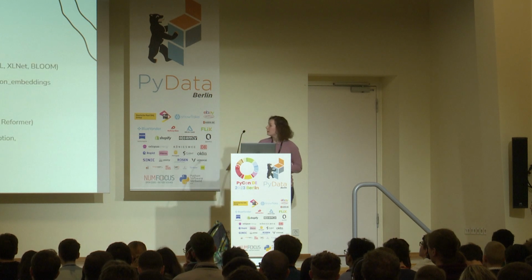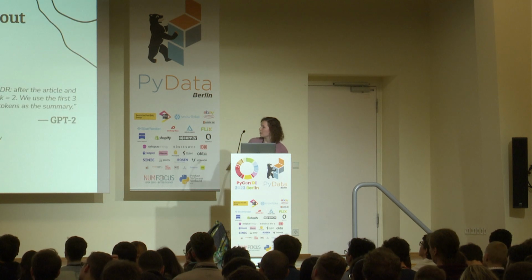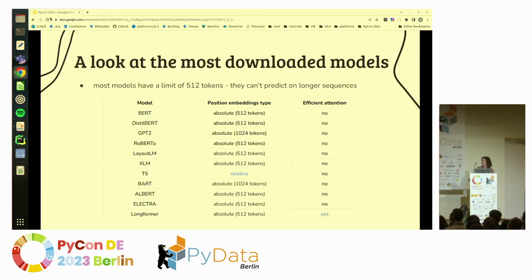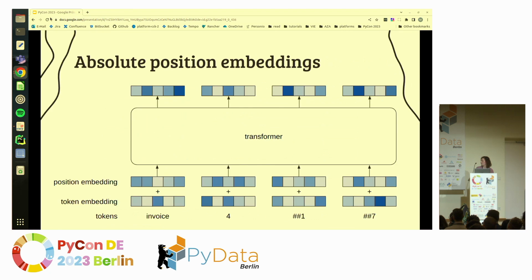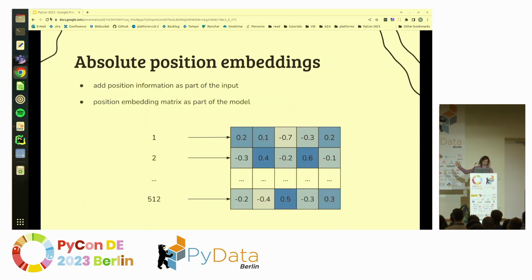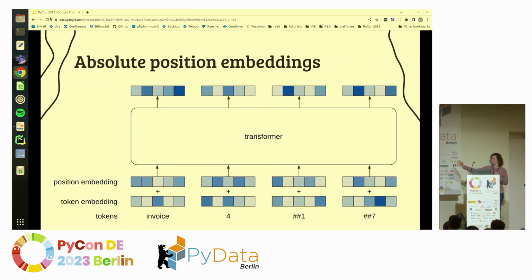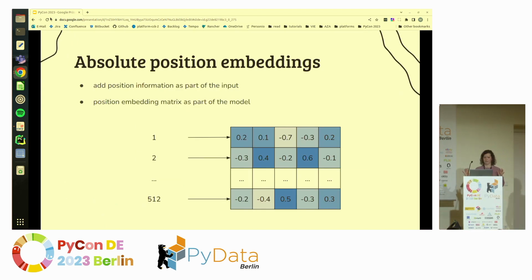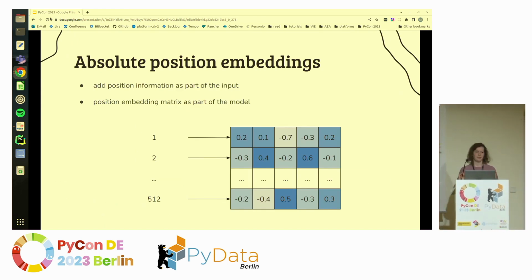Let's maybe look back. You're right, I kind of skipped this part. So the very early transformers, instead of using learned absolute position embeddings as here, used sinusoidal, computed embeddings. And for that, it's true, you could extend it; there's no limit in that sense.